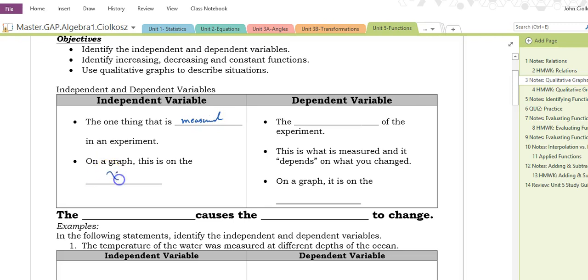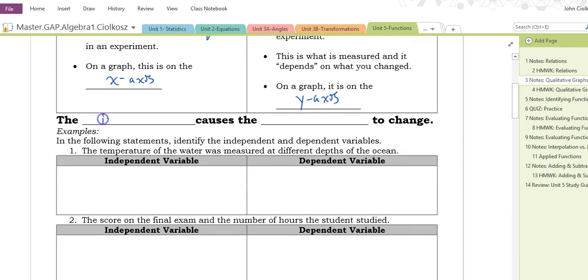On a graph, it's the x-axis. The dependent is the outcome, or what we're looking at in the end. It depends on what you change. So you could also think of independent as the thing that's changing. Let's go with changed instead of measured. On a graph, the dependent is the y-axis.